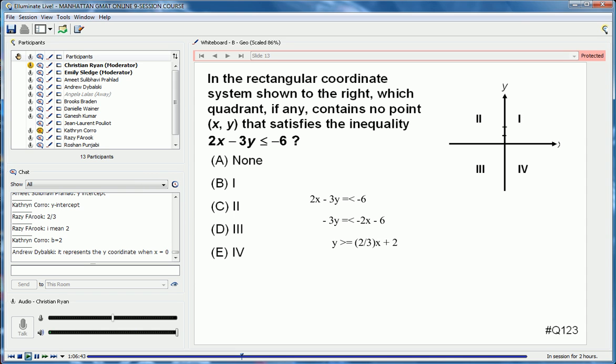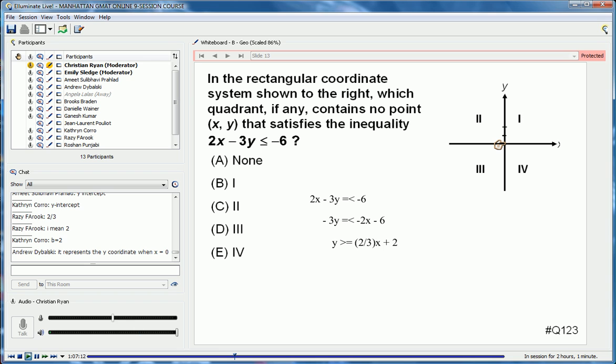So when you plug in the value 0 here, then forget about the inequality for a second. We get y equals 2 because this 2/3 x thing cancels out. And what that means, when I think of the coordinate plane, I think of a line of soldiers lined up along the x-axis.